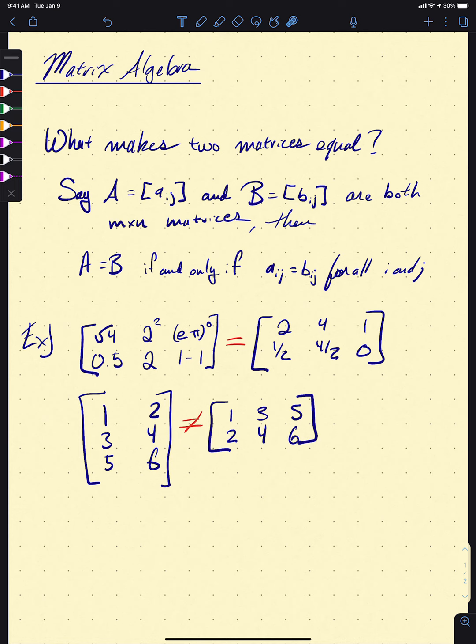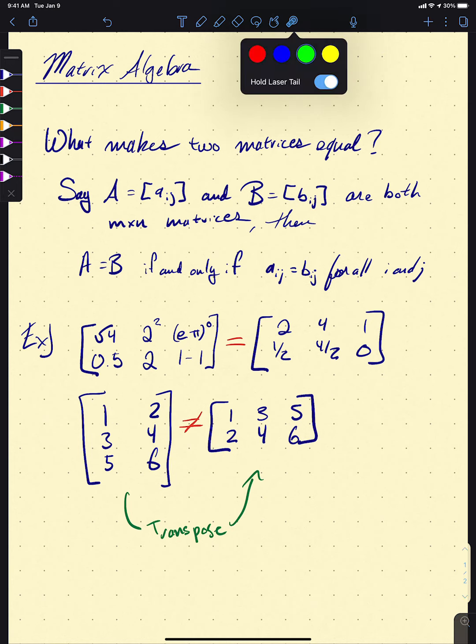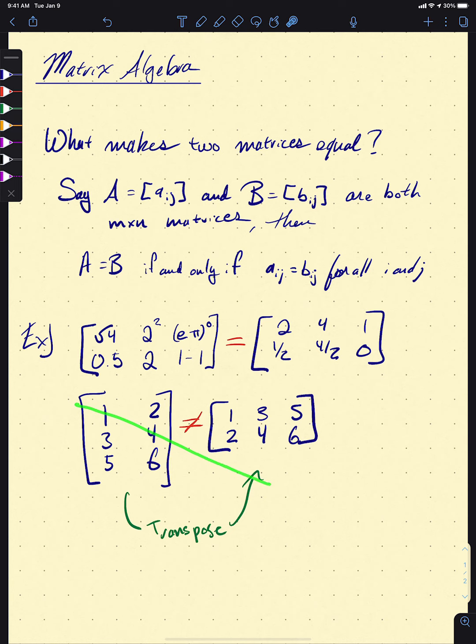This is an operation called the transpose, where the rows become the columns and the columns become the rows. We're fixing this top element and flipping it along this line right there.